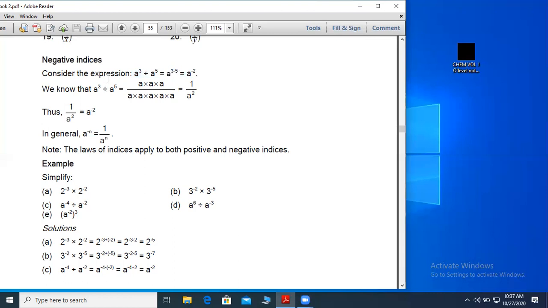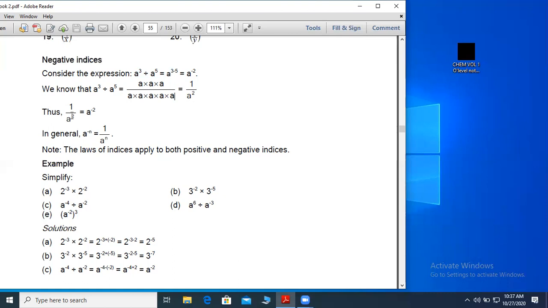Also, a to power 3 divided by a to power 5 means you multiply a 3 times, then you divide by a multiplied 5 times, and the 3 a's will cancel, will remain with the 2 a's, which will give us 1 out of a squared.